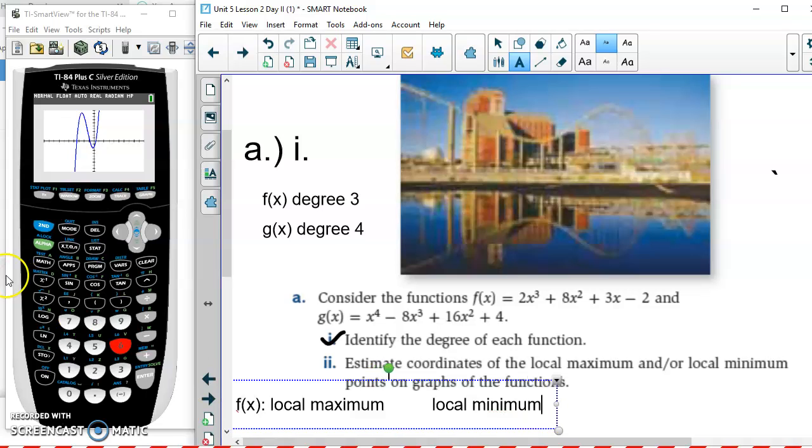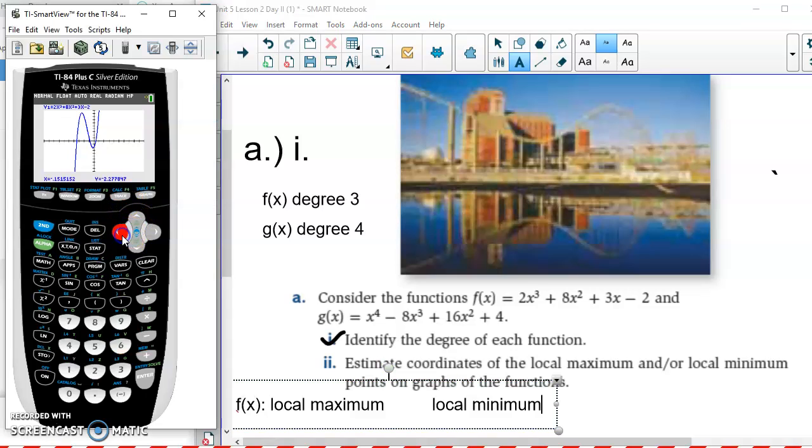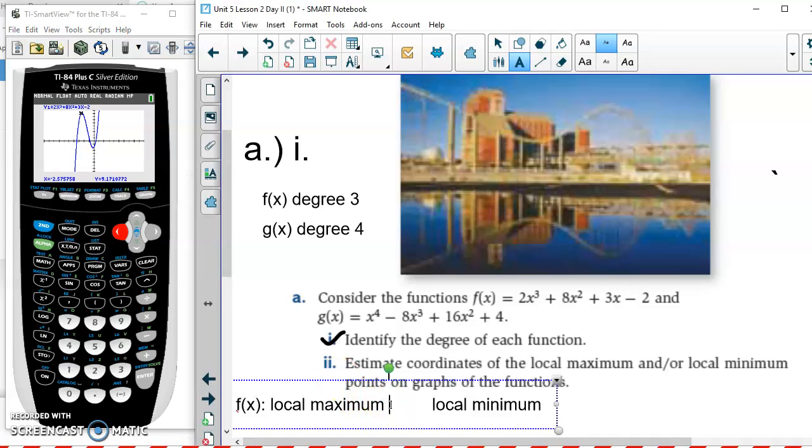If we hit our trace key right here, we'll trace along our curve, and I'll do the maximum first. When we're tracing, we get kind of close to negative 2.4 and 9.2. Maybe negative 2.5 and 9, so I'm going to type that in as my local maximum, negative 2.5, comma 9. And we see that right here, our x and y, we got that by hitting the trace button.